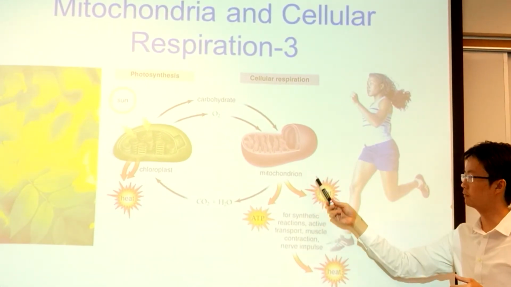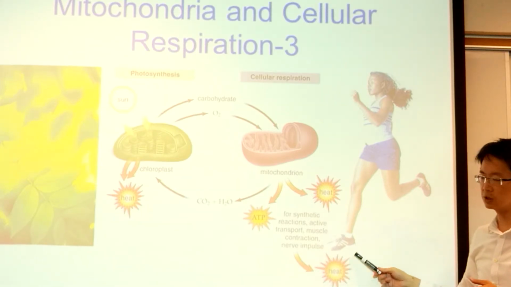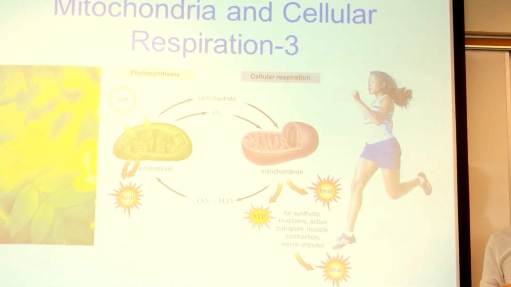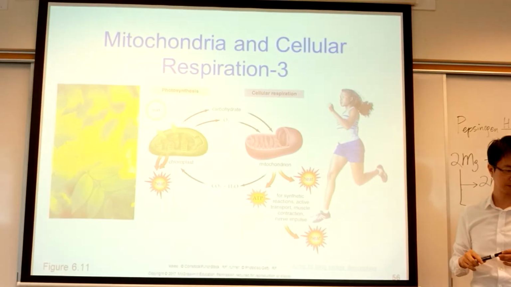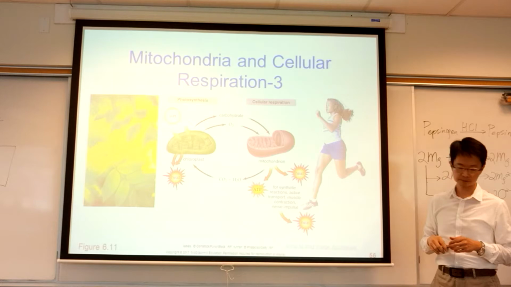We have loss in heat for the mitochondria, and when we use ATP, we also have a loss in heat. And remember, this is one of the laws of thermodynamics. Which one is that? First law or second law? The answer is the second law of thermodynamics.